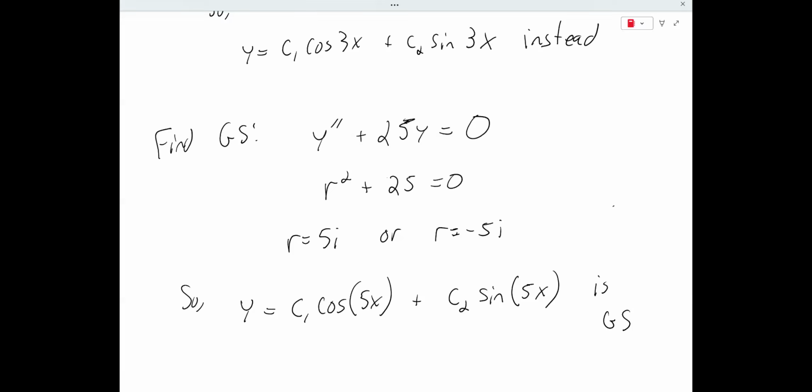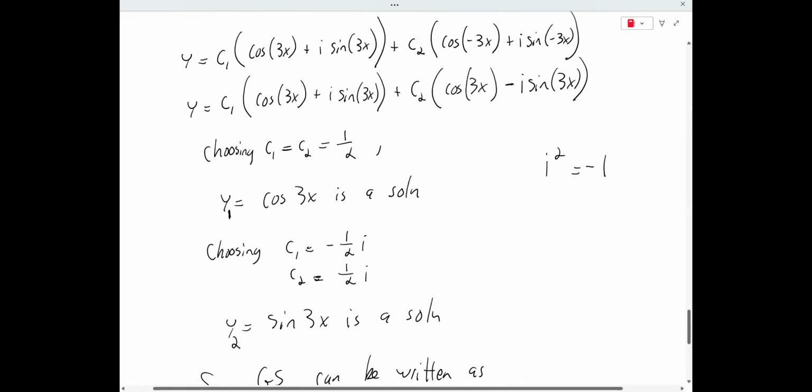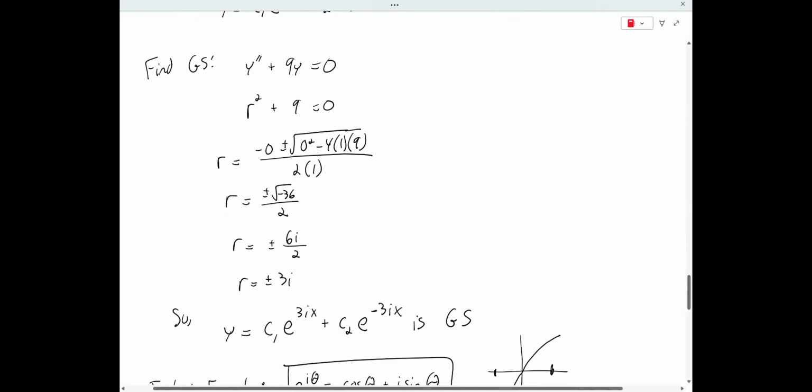Anything on that one? By the way, you don't have to use the quadratic formula for that either.